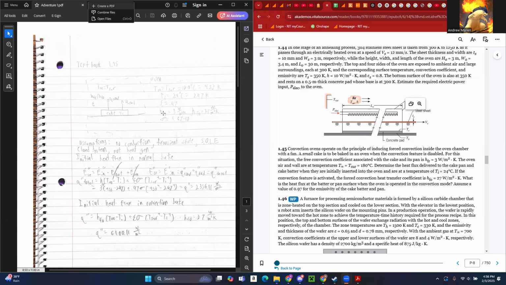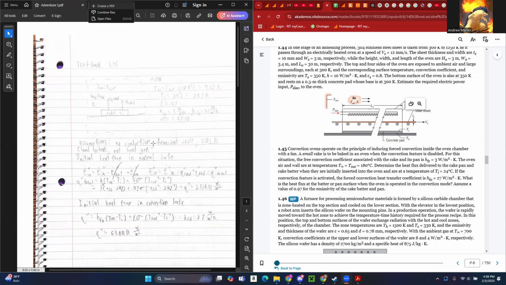In this problem, we have a few assumptions so that we're able to figure out what's going on. First of all, because the cake is indeed baking, it is not in steady state. The cake is increasing in temperature over time, so it is in a transient state.